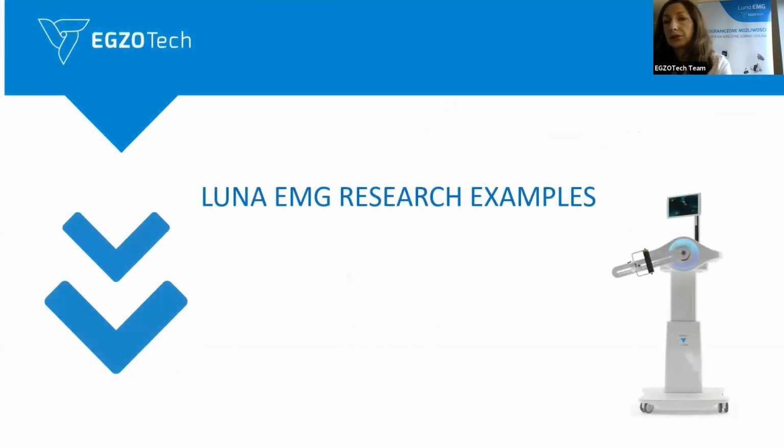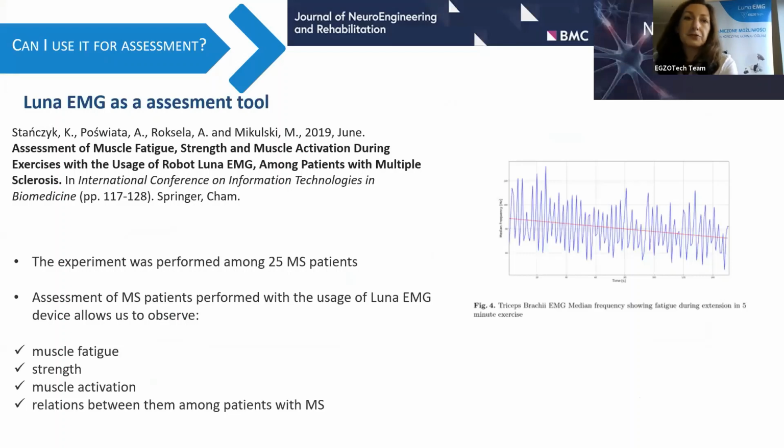There are already some Luna EMG research examples which I want to share with you. The first one is that Luna was used as an assessment tool. Here is the study: Assessment of muscle fatigue, strength, and muscle activation during exercises with the usage of the robot Luna EMG among patients with multiple sclerosis.